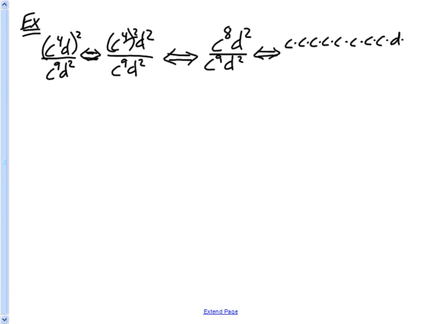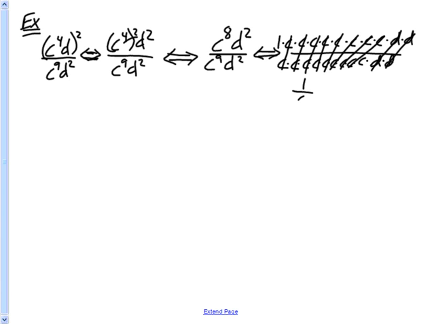You got 2 d's, right? Bottom, you got 1, 2, 3, 4, 5, 6, 7, 8, 9, and 2 d's. Cancel all those. You're left with 1 c on the bottom. And of course, what do you leave on the top? Well, you leave a 1 because it's 1 times all this. But we just don't ever bother to write that 1, do we? So 1 over c.